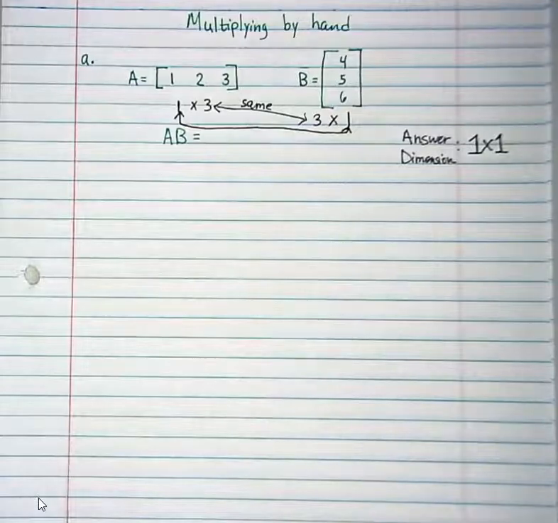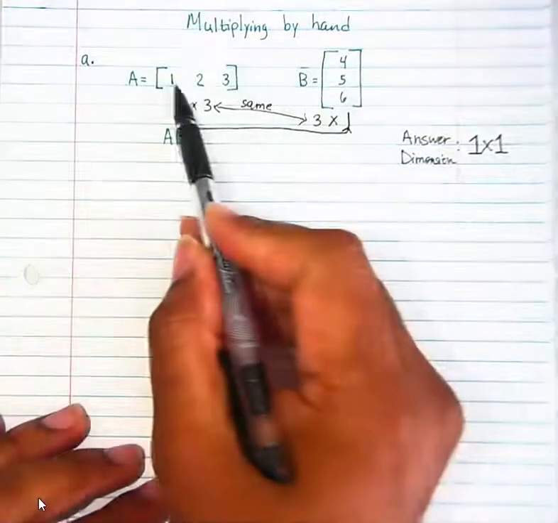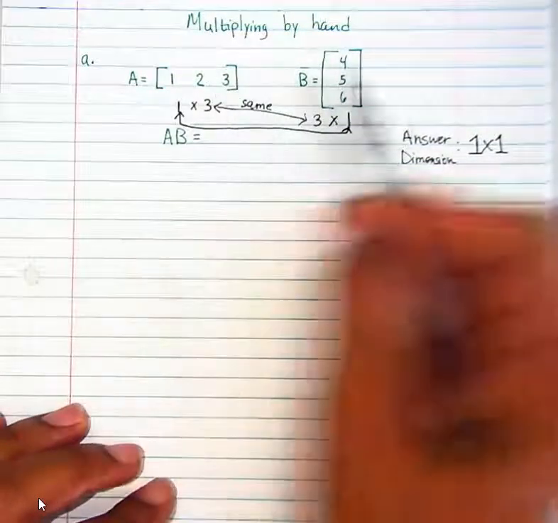So let's go for that. This one's going to have some work on it, so stay with me. I got you. All right, so we're going to take a look at these matrices, and when we multiply them, we're going to be multiplying a row by a column.